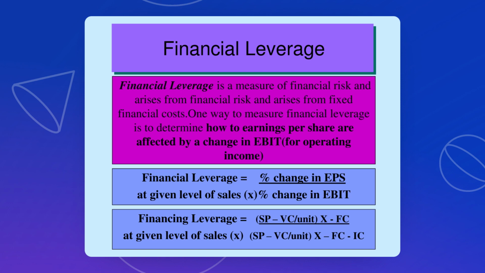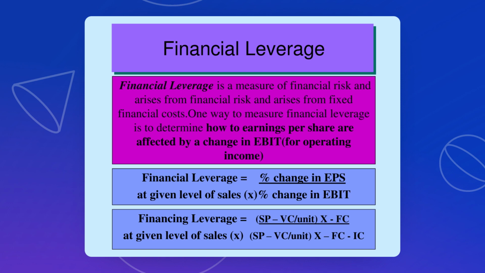So, in terms of the formula, we go back first to the last formula. Financial leverage: what is this, class? SP minus VC per unit times volume minus FC. Very good. That would be your net income, or EBIT. How about your denominator? SP minus VC per unit times volume minus FC minus IC.